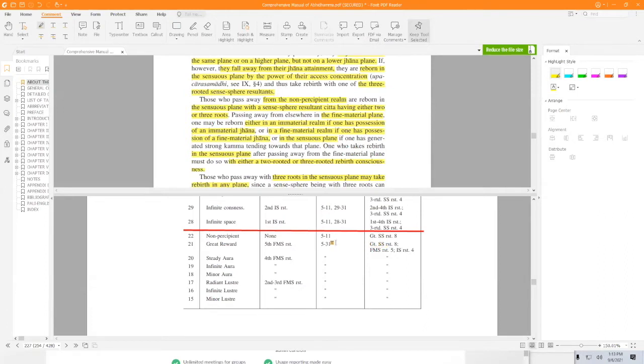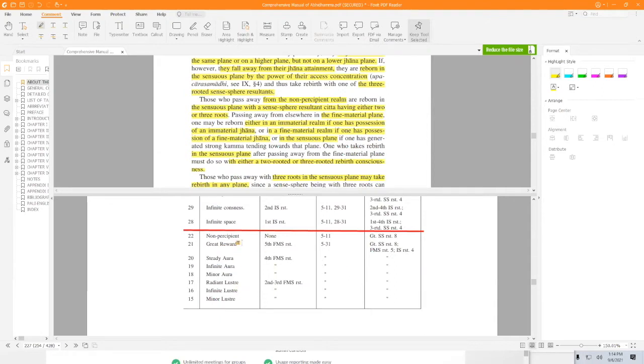It's a puzzle to me. I don't know the answer why the beings in the immaterial plane can take rebirth in a higher immaterial plane, either the same level or a higher one, but not a lower one. But the beings in the fine material plane, it seems, can take rebirth anywhere else within the fine material plane, lower or higher, or else they drop away completely from the fine material and immaterial planes and come back into either the human realm or the sense sphere heavens.